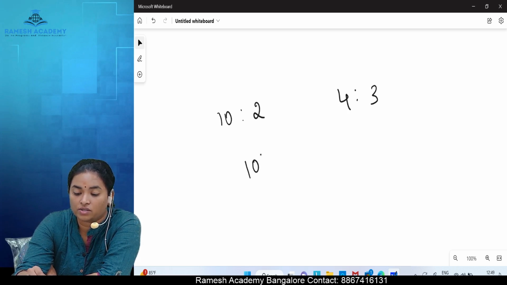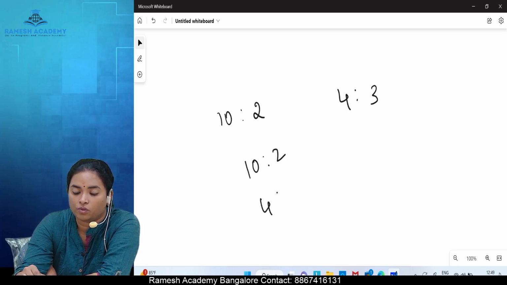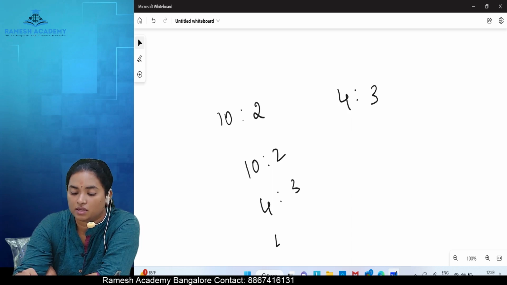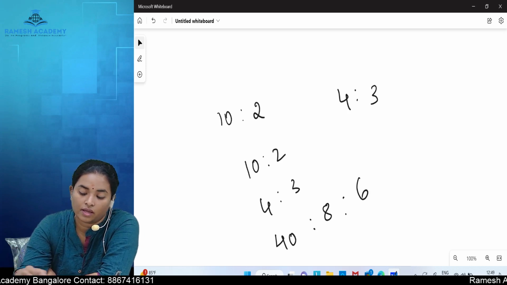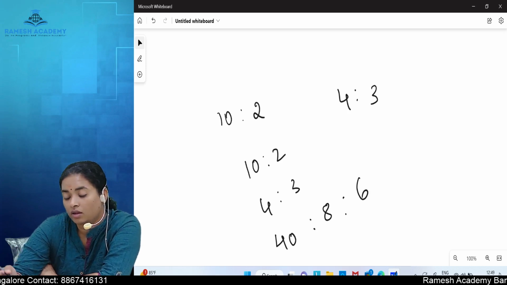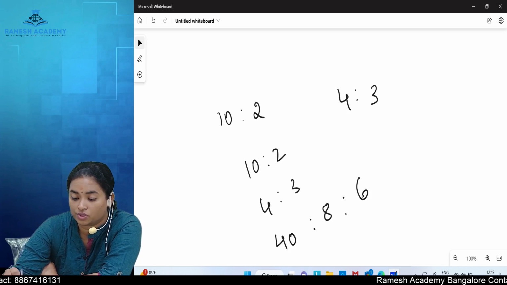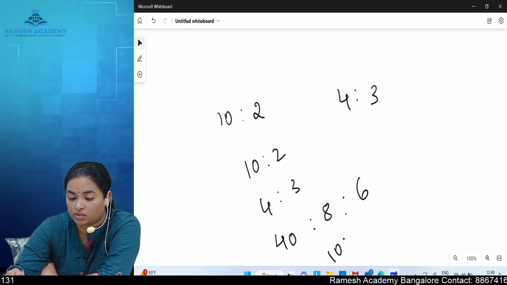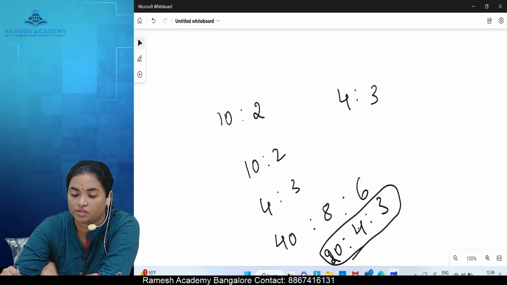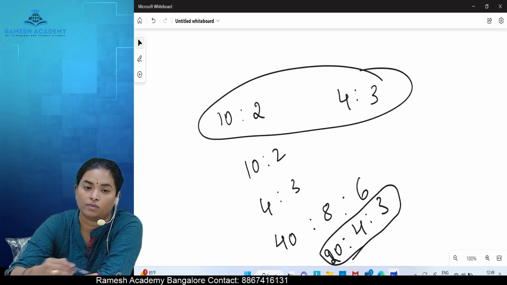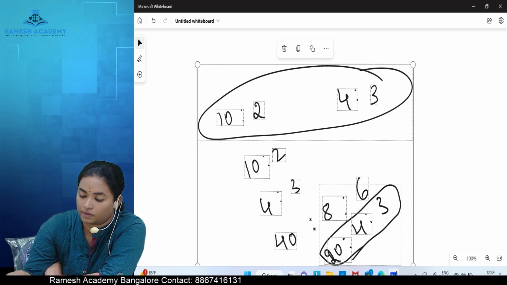Now 10 is to 2, 4 is to 3 gives 40 is to 6 and 8. This one you can divide by which number? 2. So 20 is to 4 is to 3. So this will be the continued ratio for these two numbers.